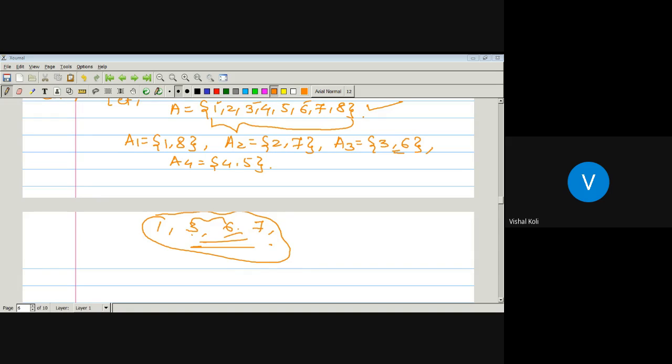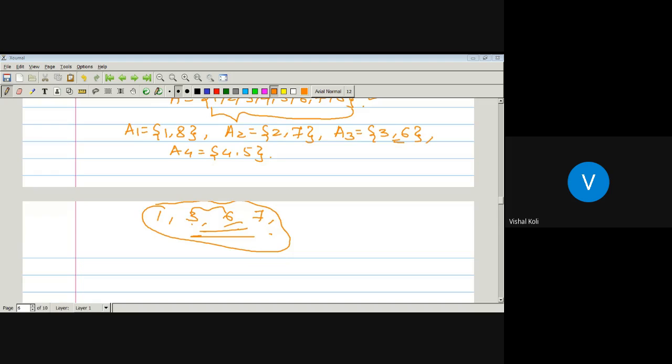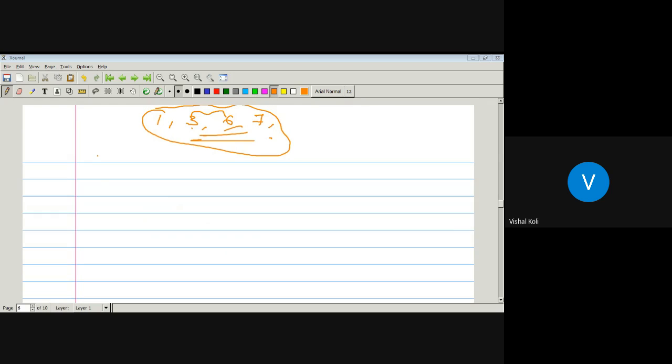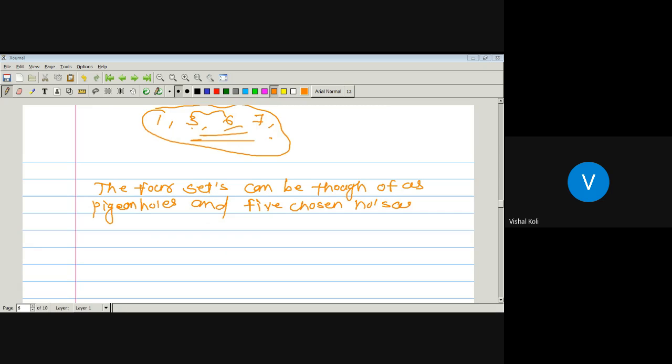Okay. So the 4 sets, that is A1, A2, A3, A4, can be thought of as pigeonholes, and the 5 chosen numbers as pigeons.